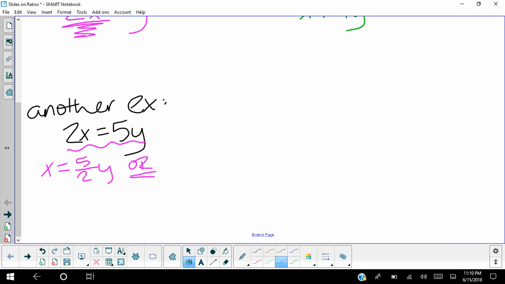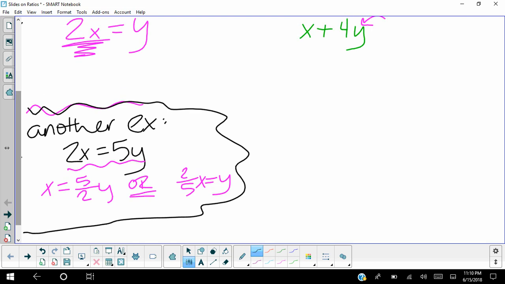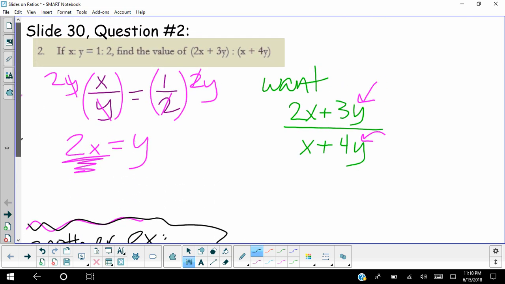Or I could just as easily solve for y and get 2/5 x is equal to y. And then every time in the fraction that I want that I see a y, I would replace it with 2/5 x. So I just wanted to show you that this method does work even if your algebra comes out more complicated than that. You just have to take the time to solve for one of the letters before you plug in, where this particular example was already solved for the letter that we wanted.